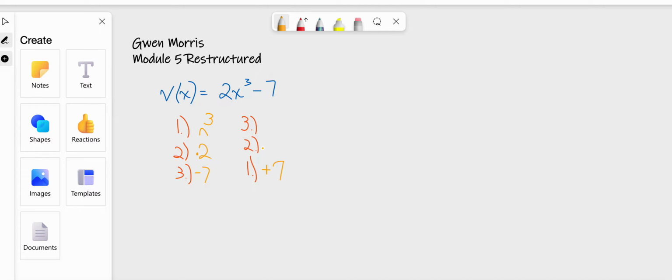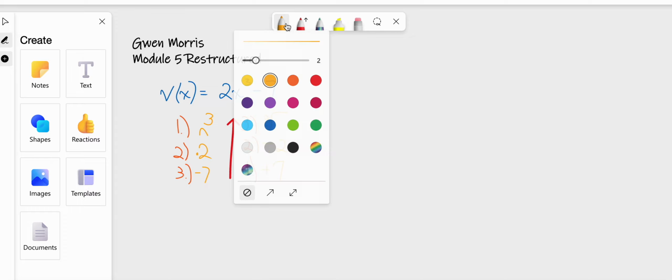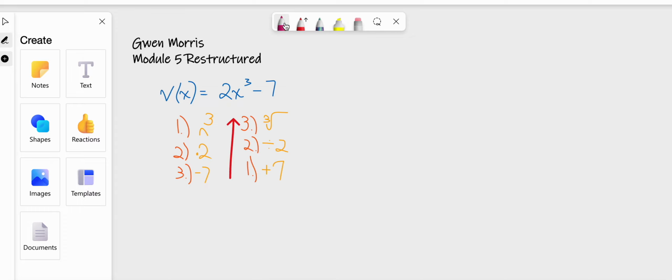And then I will be dividing by 2. And then I will find the cube root to finish it off. So I'm going to go back up that way.